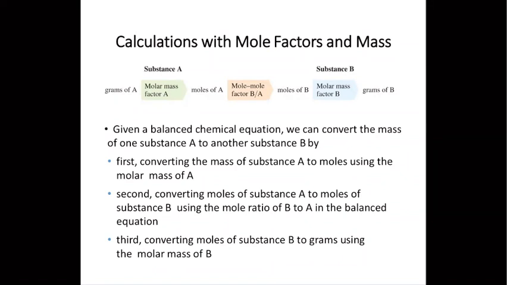So as you can see here, you guys need to be familiar how to convert the following. If you are given moles of one substance and find moles of another substance, your conversion factor is going to be the mole to mole factor, okay? Where we get the mole to mole factor is going to be the coefficient in the balanced chemical equation.